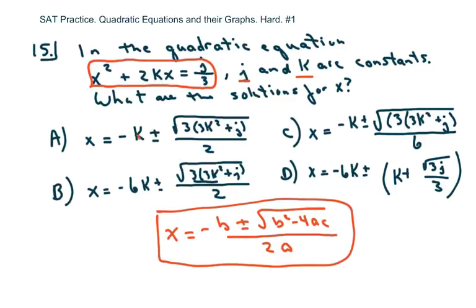Alright, so I'm going to fill everything in. If I rewrite this equation by multiplying both sides by 3 to eliminate the fraction and subtract j from both sides, I get 3x squared plus 6kx minus j equals 0.